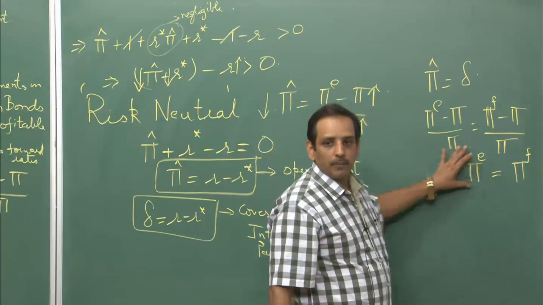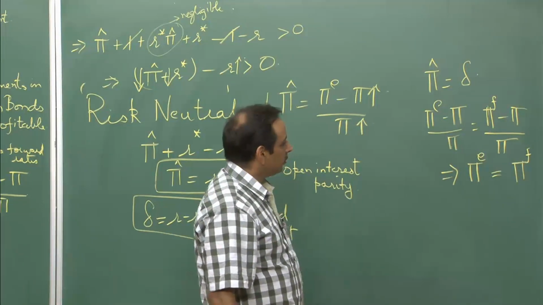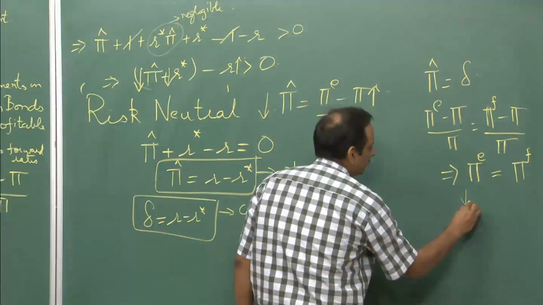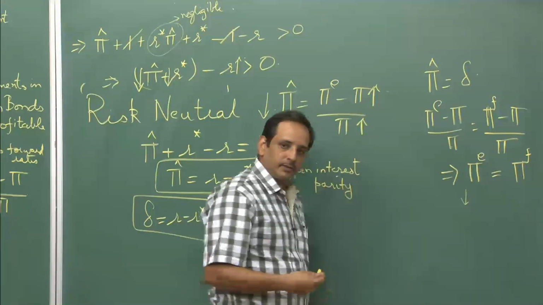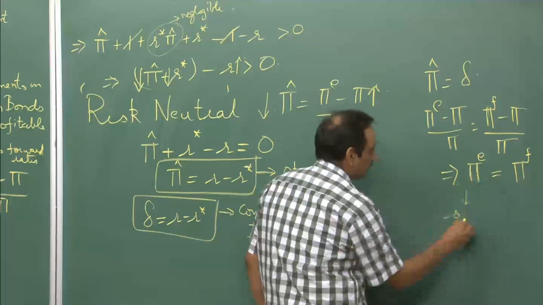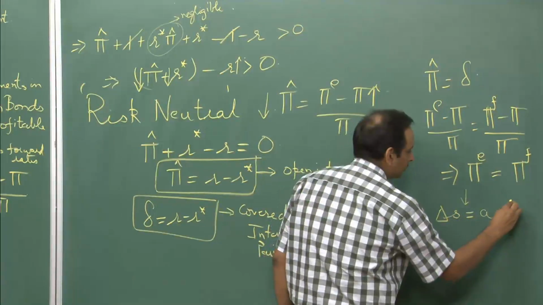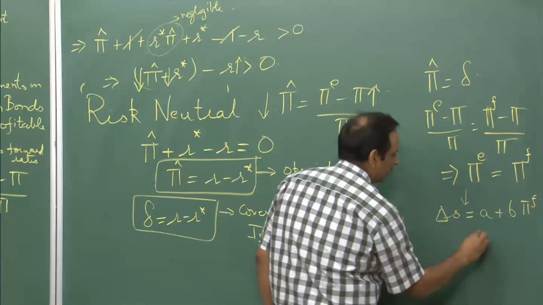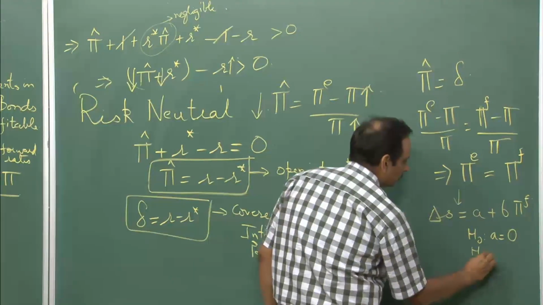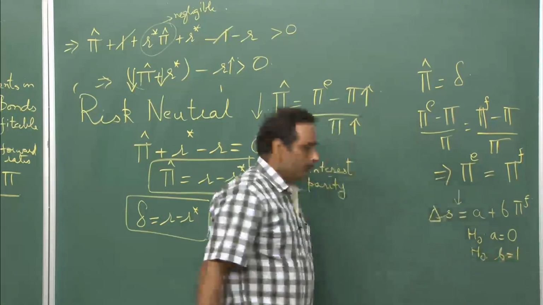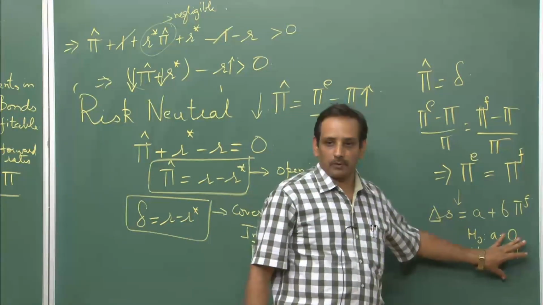So, we will come to the forward markets, but if you have to do some empirical work on this, then what researchers do is run a regression. Pi e, they would say, is the rate of change of the spot rates. So, they proxy this by the change in the spot rates: pi e equals A plus B pi forward, and then they test the joint hypothesis that A is equal to 0 and B is equal to 1.